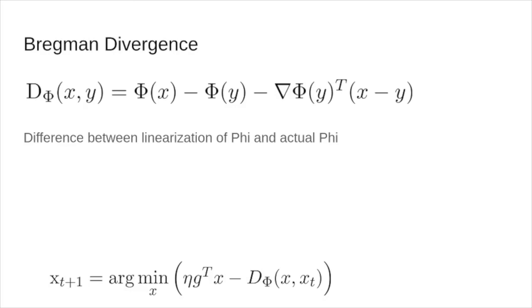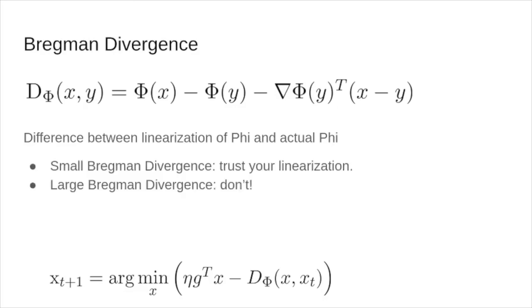So you can think of it as defining the difference between the linearization of phi and the actual phi. One way to think about this, considering how we were talking about not wanting to take steps that change your function too much, is that a small Bregman divergence means that you should trust your linearization in that area, and a large Bregman divergence means that you shouldn't.